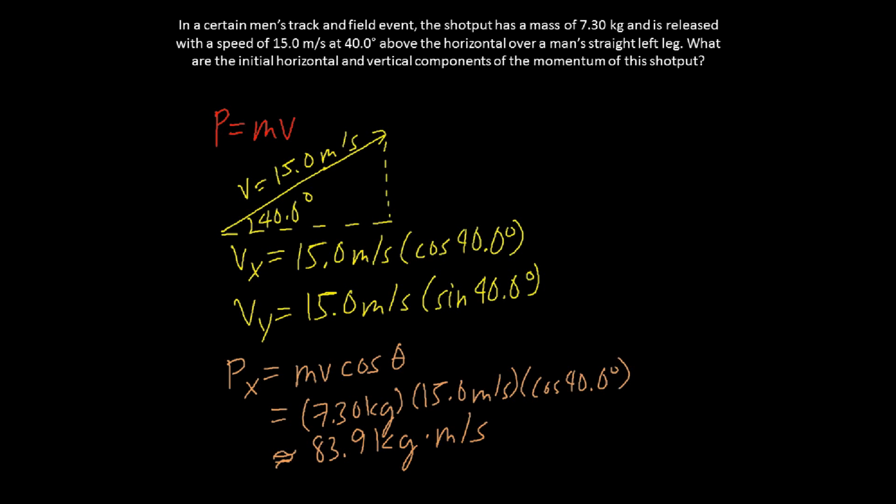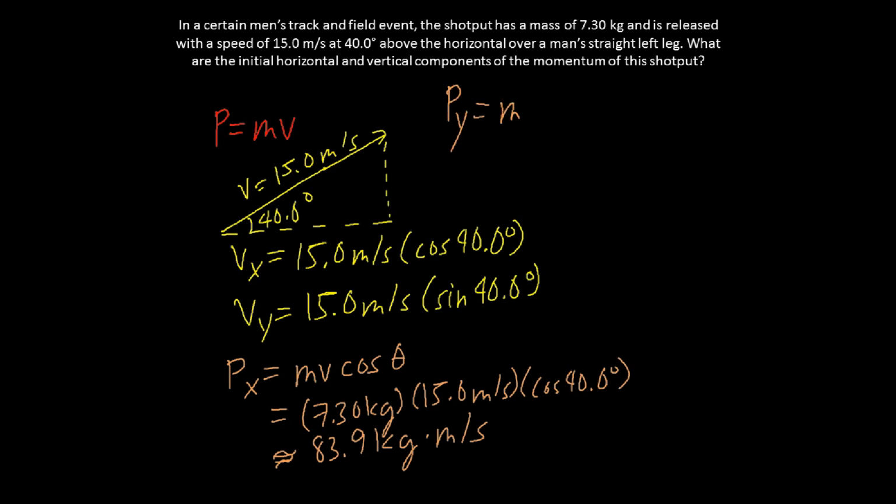And why is 83.9 our answer? It is because the practice is to express your answer in the least significant digits. So as you can see in our problem, the least significant digits is 3. Now we're going to solve for the Py.